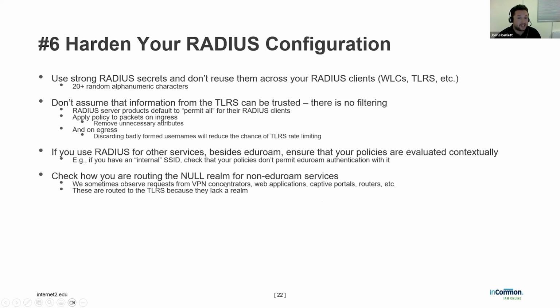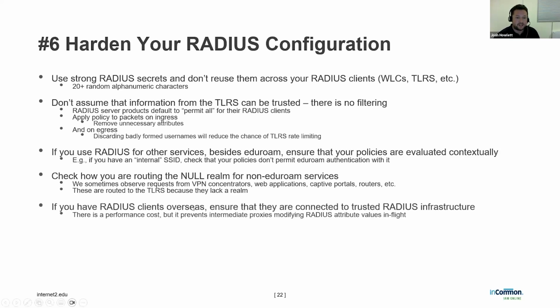And we have seen cases where the RADIUS configuration on the campus is such that a user with an eduroam credential can just authenticate to, for example, a VPN concentrator because of the lack of contextual policy evaluation. So it's just a matter of picking through your policies carefully and making sure that they're being evaluated in such a way that the outcome is in line with your expectation.